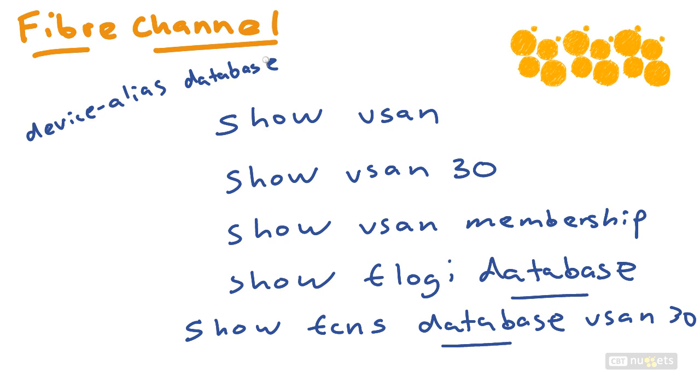Once you're in there, you can use the device-alias command in order to give nice, easily recognizable names to particular port worldwide names, right?